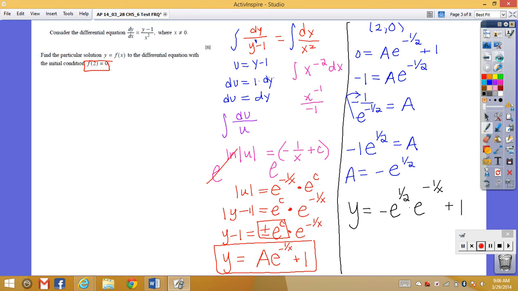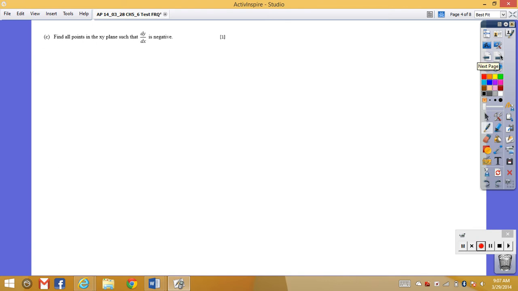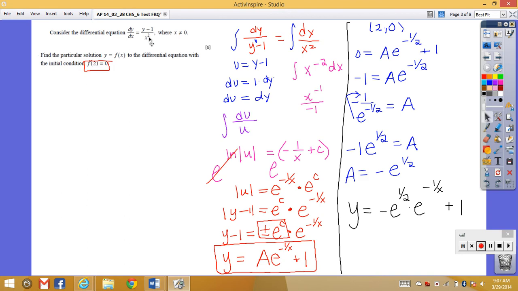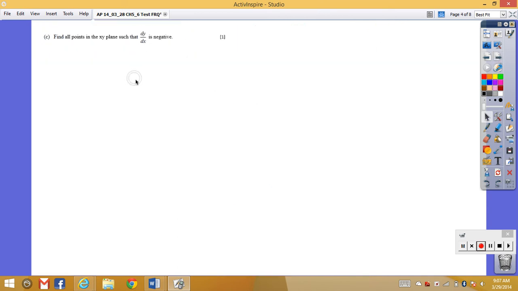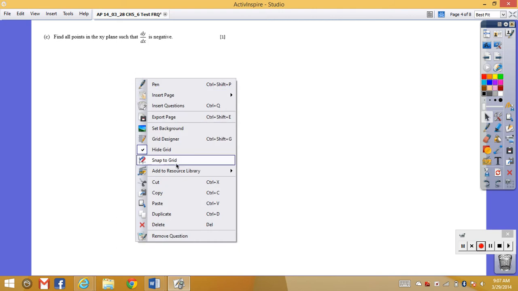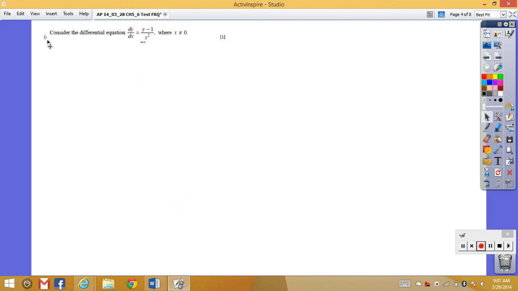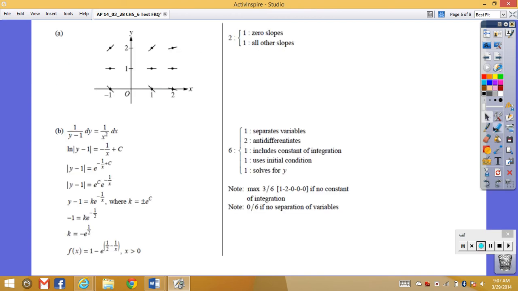The last piece asked for you to find all points in the xy plane such that dy dx is negative. So this was actually really disappointing to see because you would have had a lot of practice on that type of question. And the worst thing, and when I taught it, I said the worst possible thing that you could do is to list the points that you got in part A and list all your negatives.